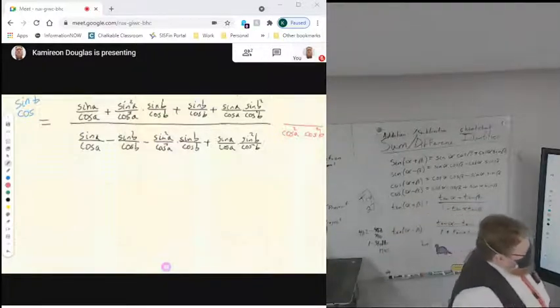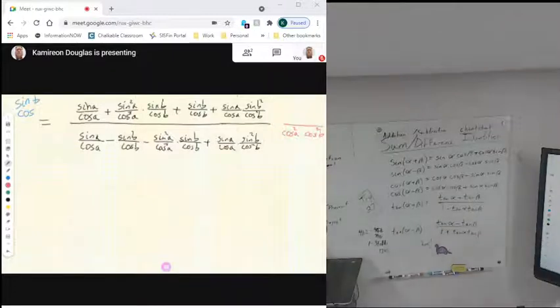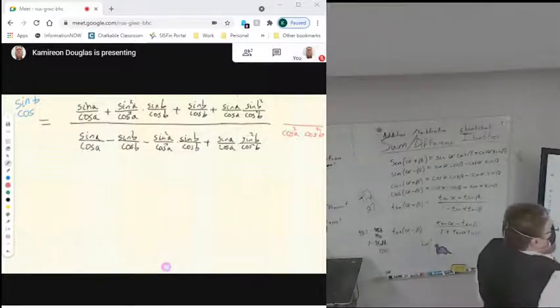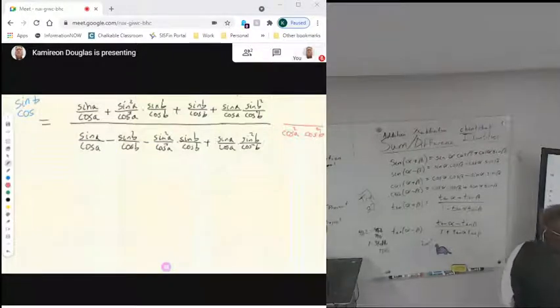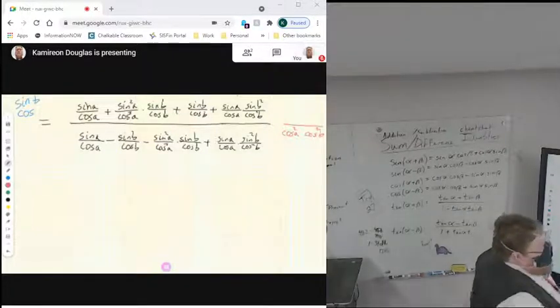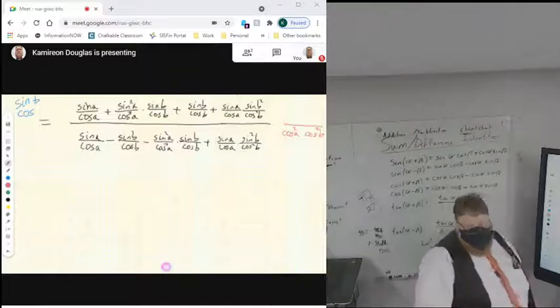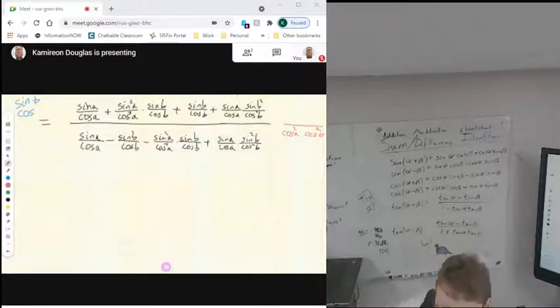So the big ones, that's the easiest to determine, right? This one right here, it's got the cosine B squared, it's got one of the cosine A squareds, it needs the other. This one over here, it's got the cosine A squared, it's got one of the cosine B's, it needs the other cosine B. It's the ones that are the smaller that actually have the most problems, because it needs more pieces.